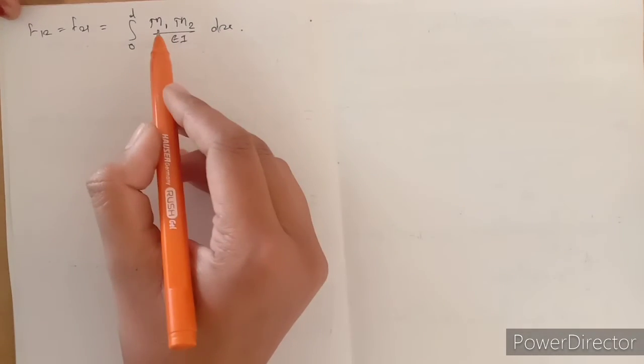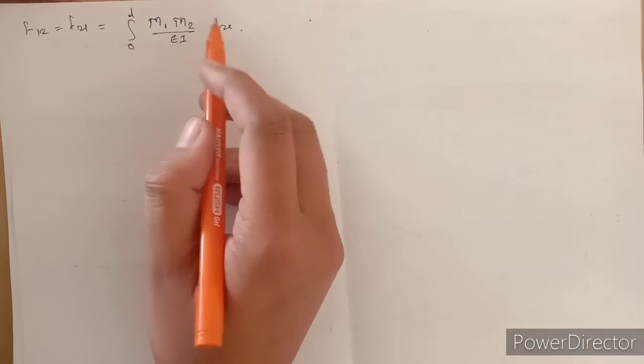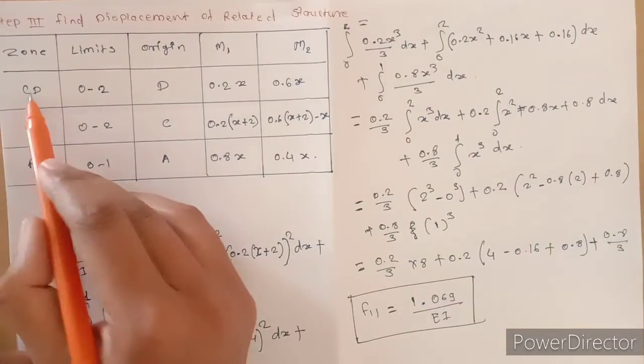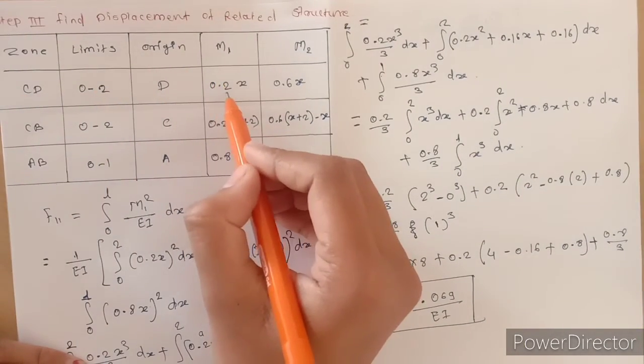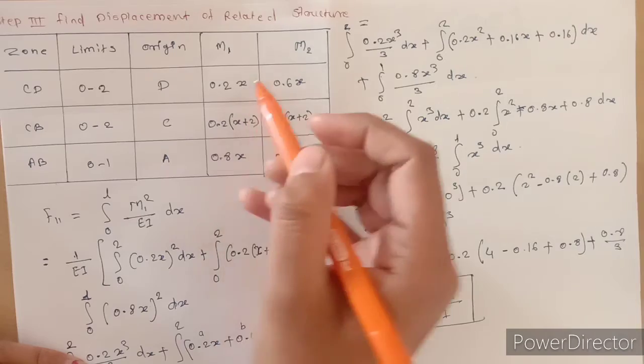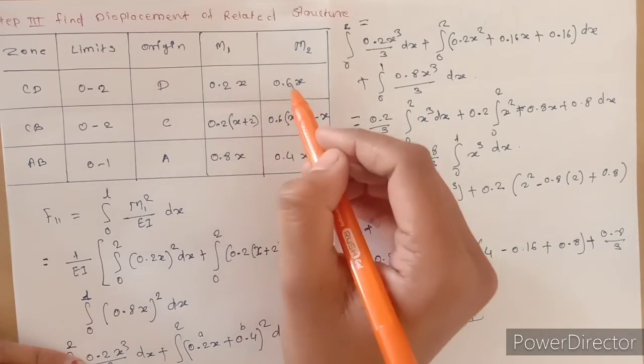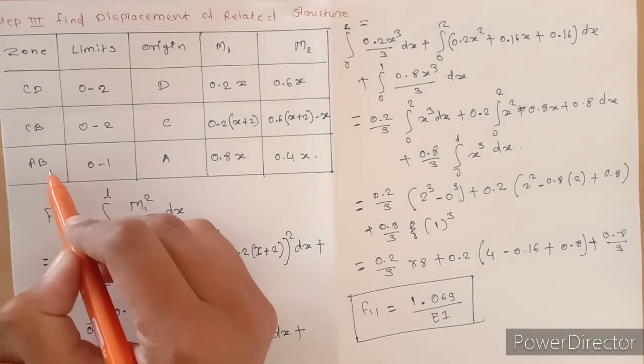So in that, multiply the m1 and m2 values. You can see in this chart for the CD zone our m1 is 0.2x and m2 is 0.6x. So multiply these two values. Same for the CB and AB zones.